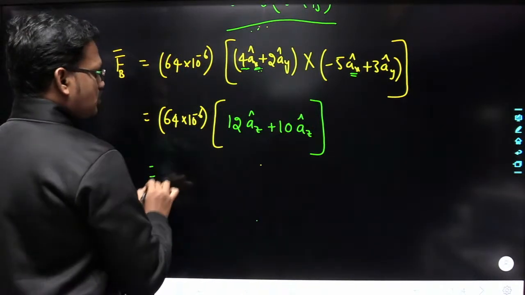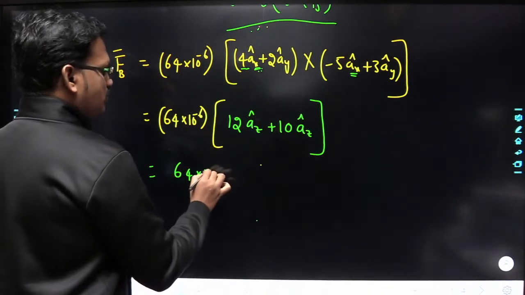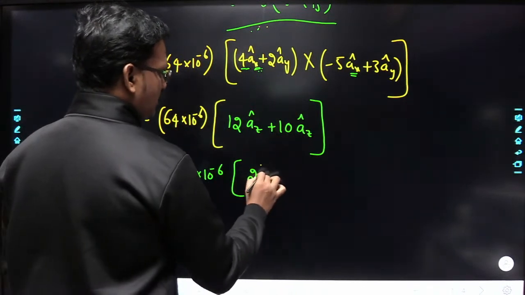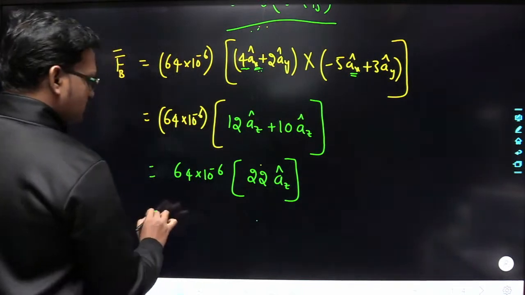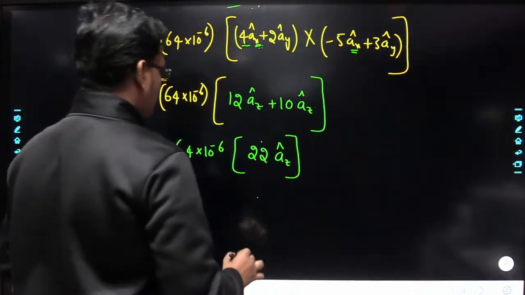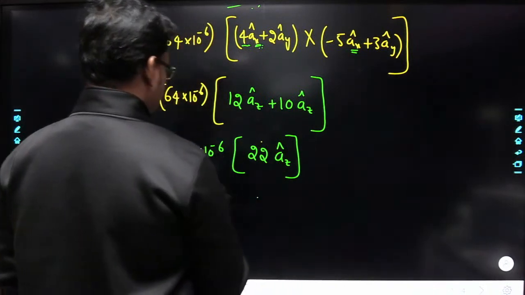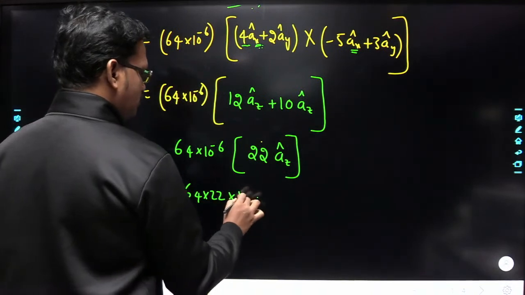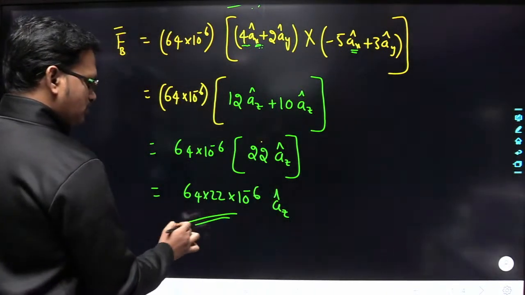So that is equal to 64 into 10 to the power of minus 6 into 12 plus 10, that is 22 AZ cap. So 64 into 22 into 10 to the power of minus 6 AZ cap. This is the answer you have to get.